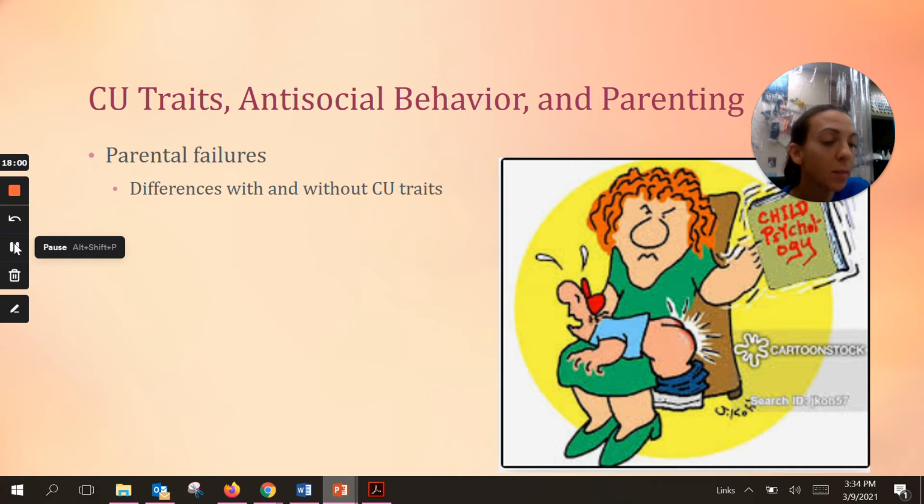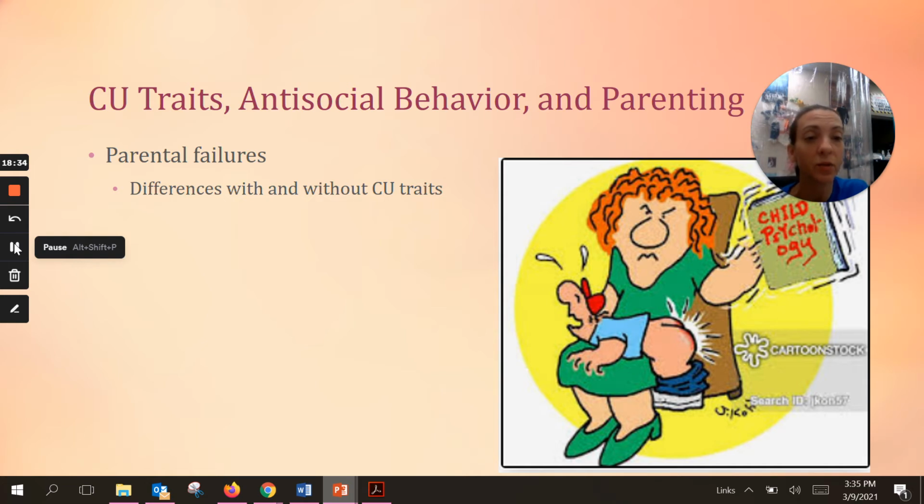So there are some parental failures that are linked to disruptive behavior disorders, the failure to socialize, and ineffective parenting strategies. However, there are differences for children with and without CU traits. So dysfunctional parenting practices such as low parental involvement, not using positive reinforcement, poor monitoring and supervision of children, and inconsistent and harsh discipline are correlated with disruptive behavior disorders without CU traits, but there is no correlation for those with disruptive behavior disorders with CU traits.